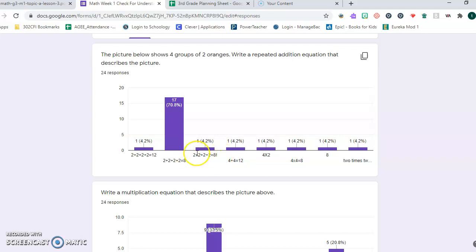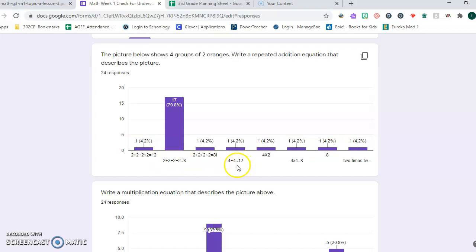I would count this right on a student's paper. 2 plus 2 plus 2 plus 2 equals 8 exclamation point, but the exclamation point actually is a mathematical symbol called a factorial. But that's pretty advanced mathematics, and we're going to stick to just writing the equations with the symbols that go in the equations. So this would be the best answer: 2 plus 2 plus 2 plus 2 equals 8 right here.